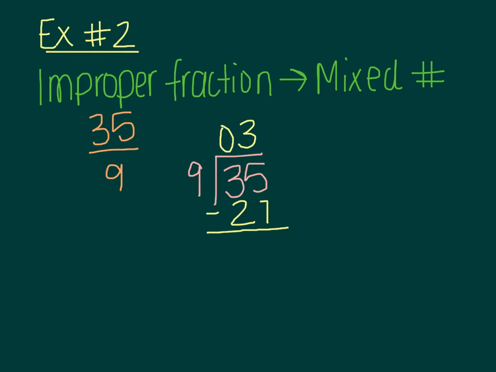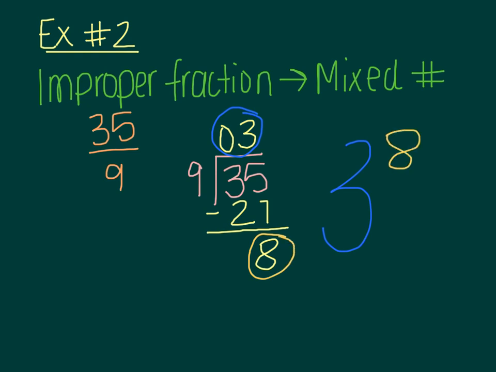And I have 8 left over when I subtract. So I use these numbers to make my mixed number. This is my whole number. The remainder is my numerator. And denominator stays the same. So 3 8/9.